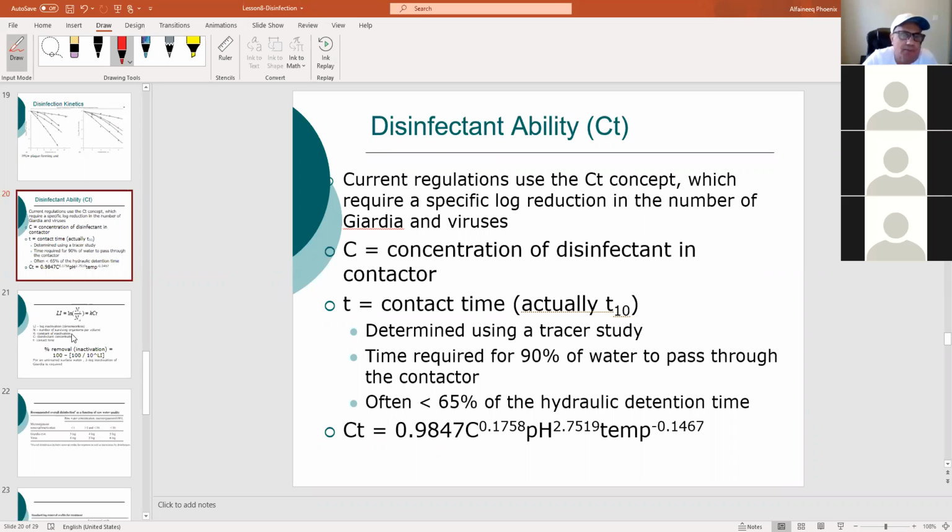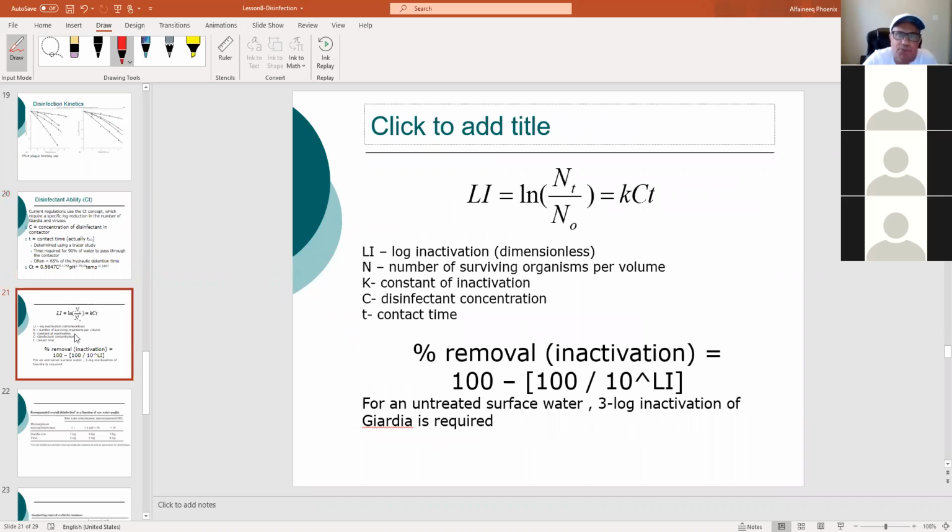Let's go to the log inactivation, right? Log inactivation equals KCT. So if you know CT from tables and you know the constant of inactivation K, you can find the log inactivation Li.